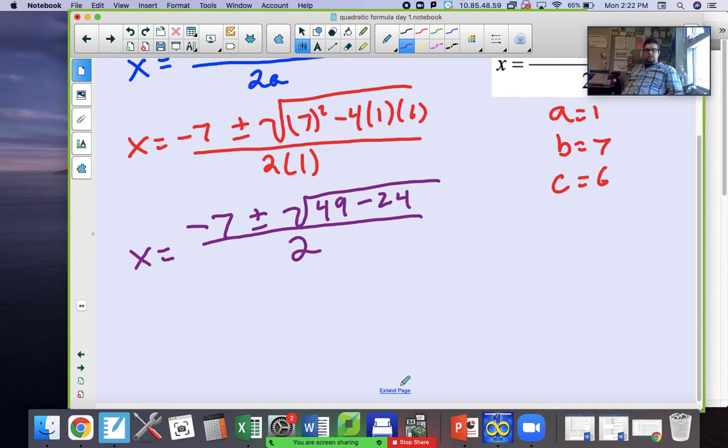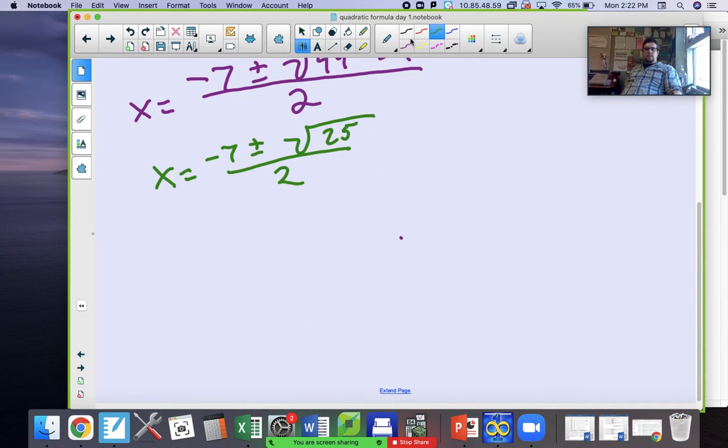X equals, of course. So then we have negative 7 plus or minus the square root of 25 over 2. We can take the square root of 25, so I have negative 7 plus or minus, oops, I got rid of the square root.